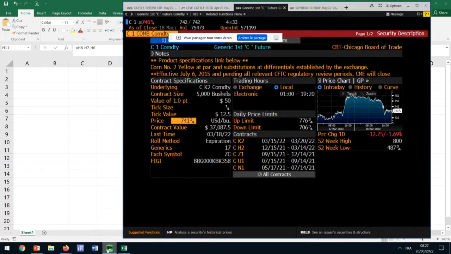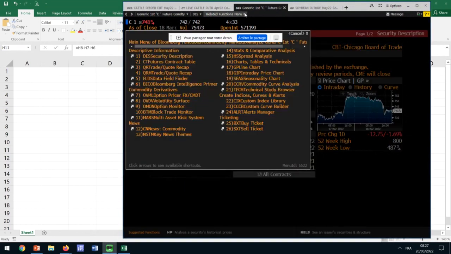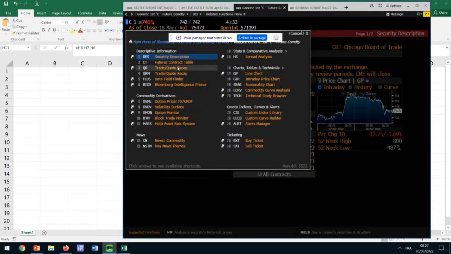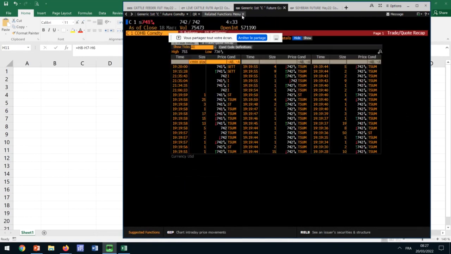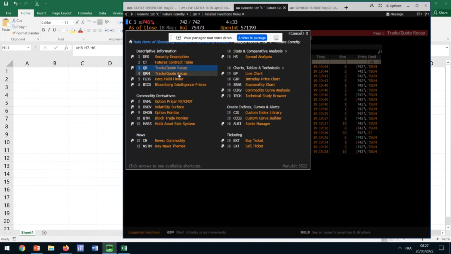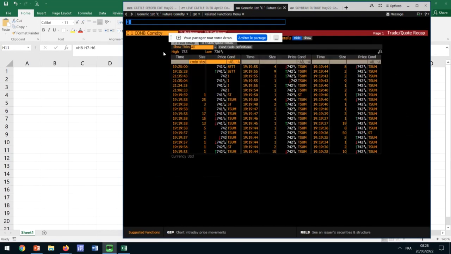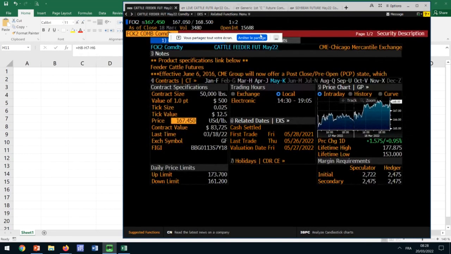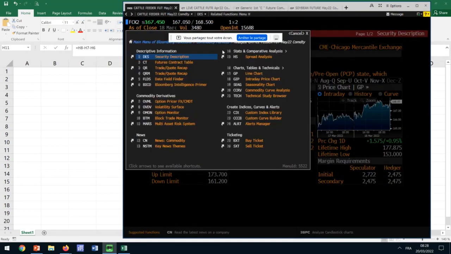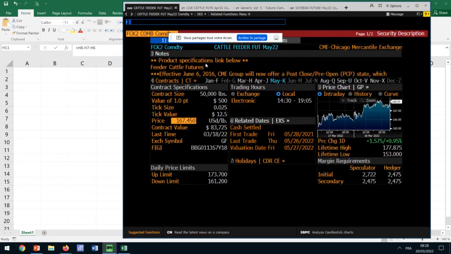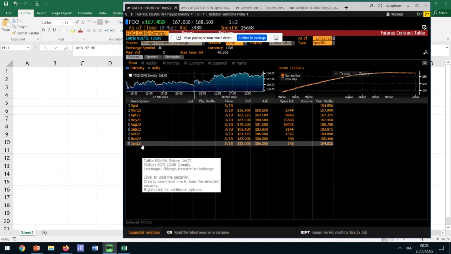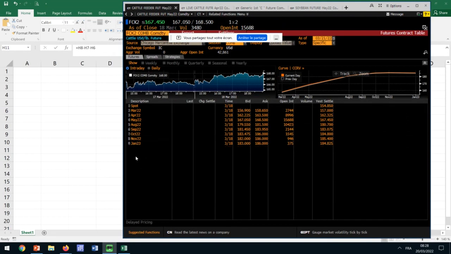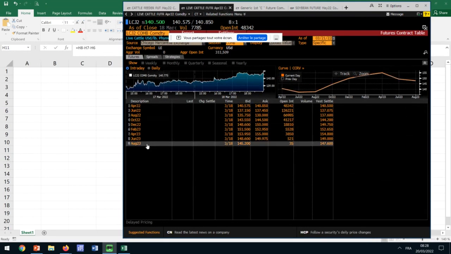Let's calculate this same cattle crush for a later date, for a farmer who starts to raise his cattle later, because these contracts don't go out very far. For feeder cattle, the last contract is January 23, and for the live contract, the last one is August 23.